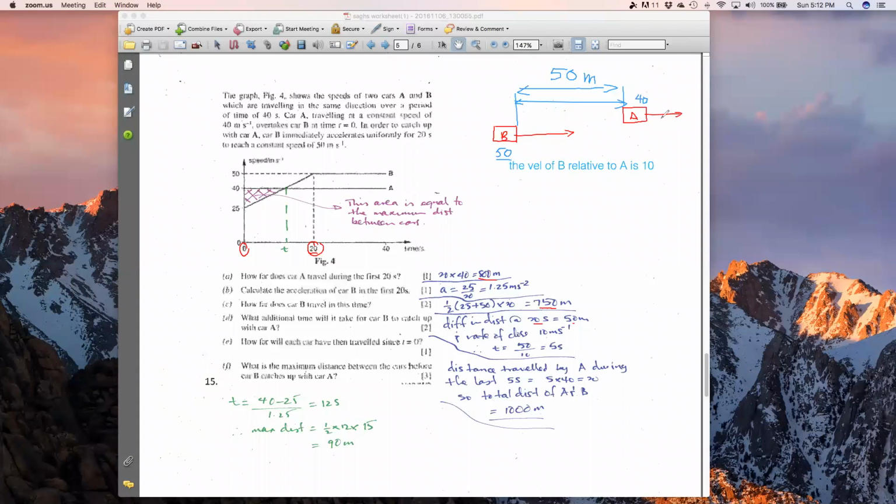If at this point in time, A and B were traveling at the same 40 and 40, this 50-meter gap will remain forever. But because B is traveling faster, the gap is closing. And because B is traveling 10 meters per second faster, this gap is closing by 10 meters every second.